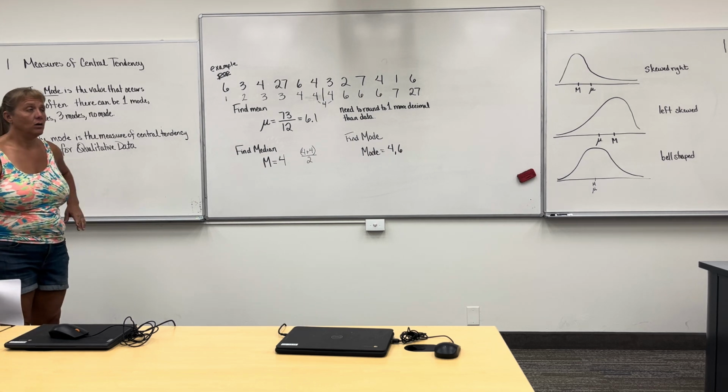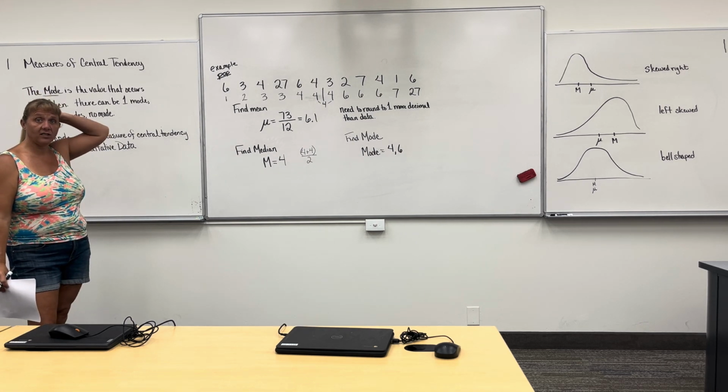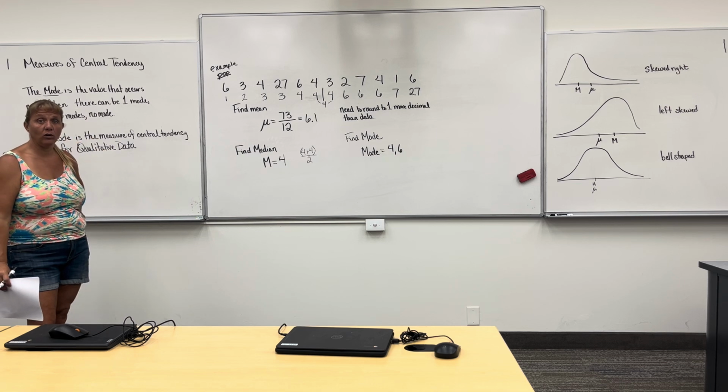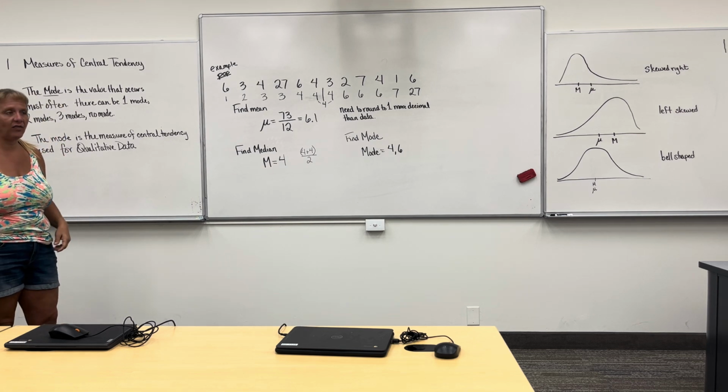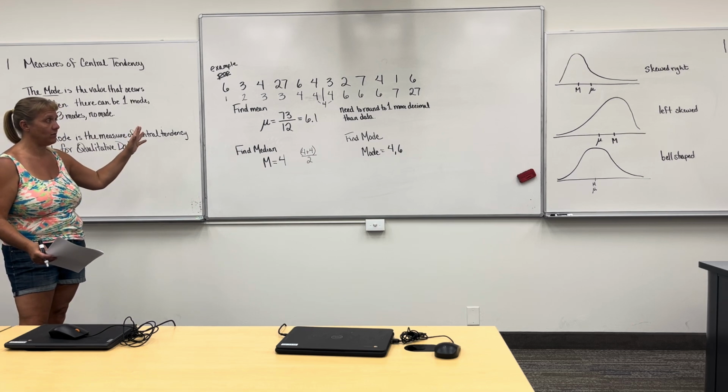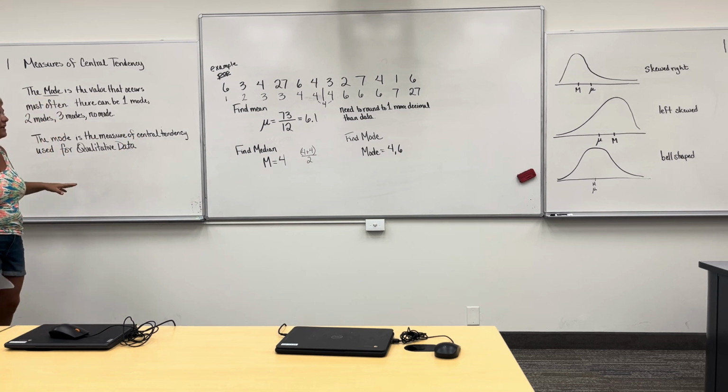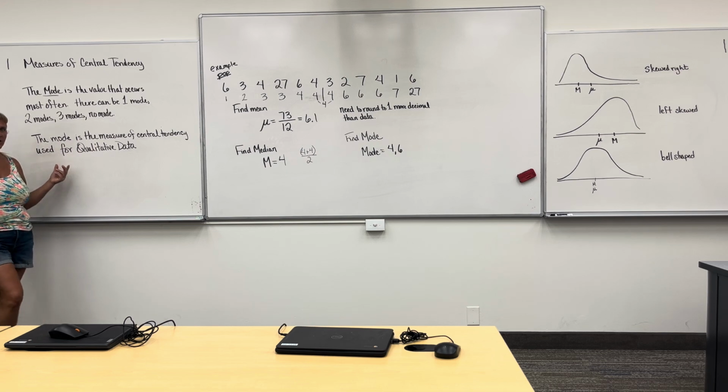Okay, so what we're talking about here so far is numerical data. We're looking at quantitative data. But what happens if we're talking about qualitative data? So we're talking about things that can be arranged into categories, not numbers. So we need a measure of central tendency there as well, and that's where the mode comes into play.